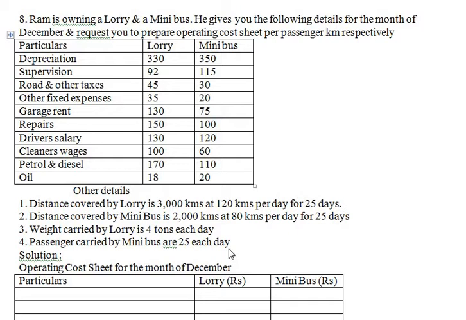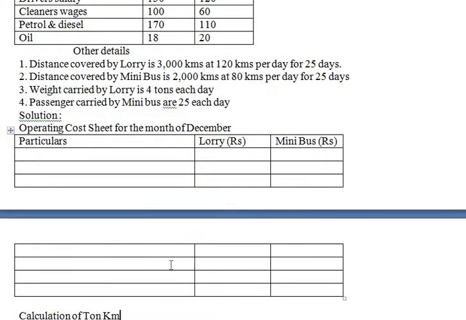So next line, take down operating cost sheet for the month of December. Particulars and two amount columns, one for lorry and one for minibus.